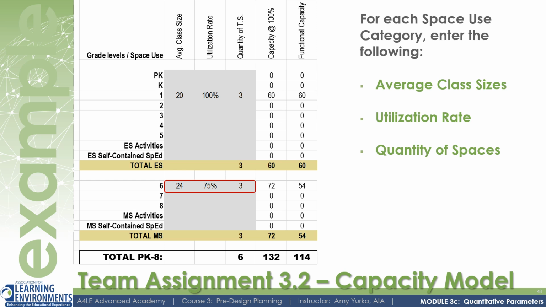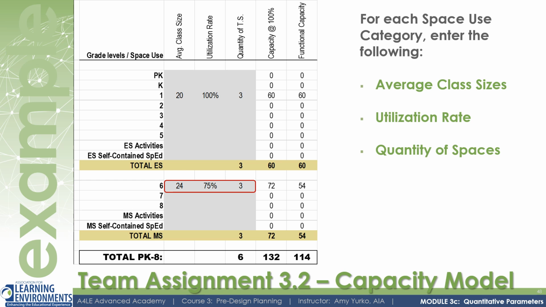Now, if we enter some data in the gray boxes in the middle school category and say the middle school classes are a bit larger than elementary, say 24 students, and we've determined that a 75% utilization is desired by the school, and say we just start by plugging in 3 classrooms for 6th graders.